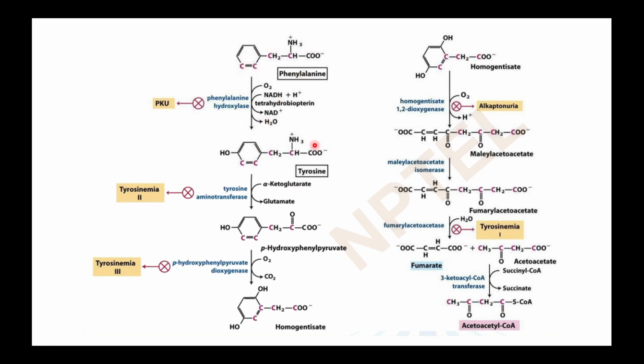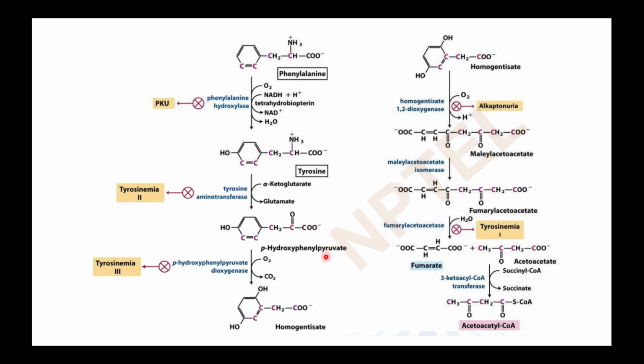Phenylalanine is converted into tyrosine by the enzyme phenylalanine hydroxylase. Defect in this enzyme leads to phenylketonuria. The next step is the amino group transfer of tyrosine. This leads to parahydroxyphenylpyruvate formation. So defect in the enzyme tyrosine aminotransferase leads to tyrosinemia type 2.